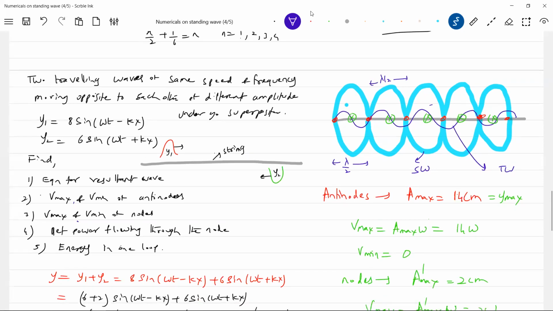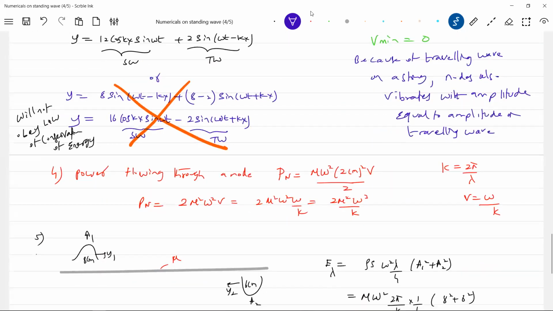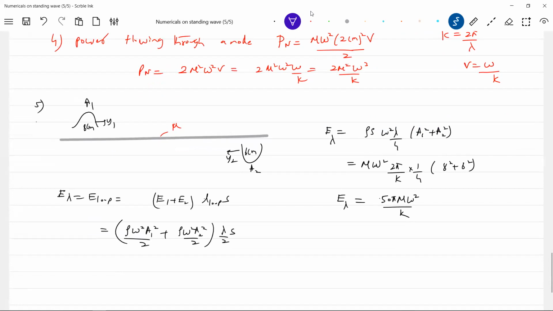If you want the total energy on a string, better use this formula. I think this will be the best formula available for you: energy density into volume of the string. How much energy is confined in one loop? We have this particular formula. So amplitude, same amplitude, let it be different. Okay, it doesn't matter.